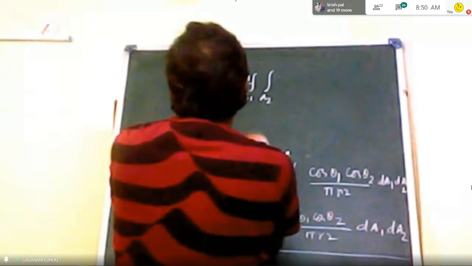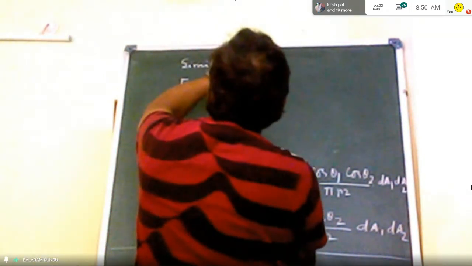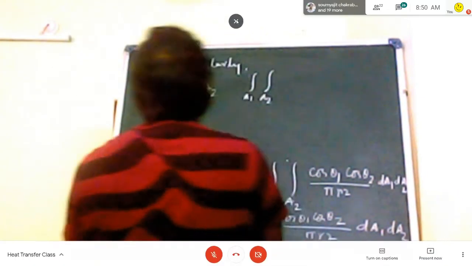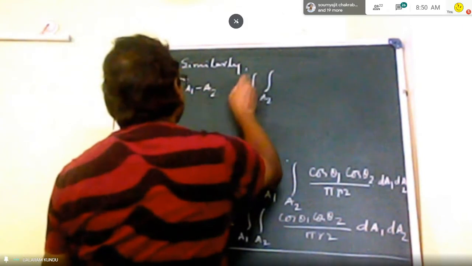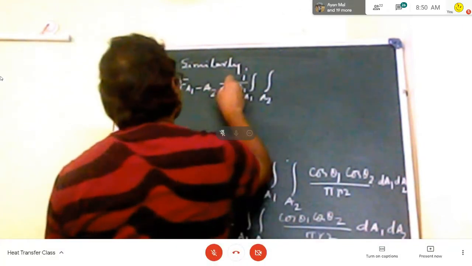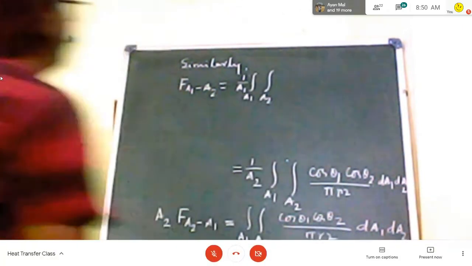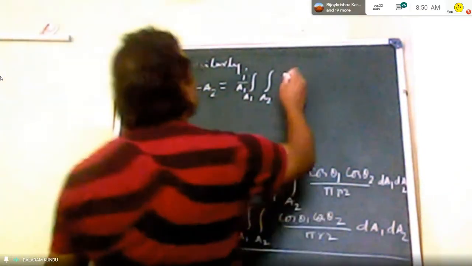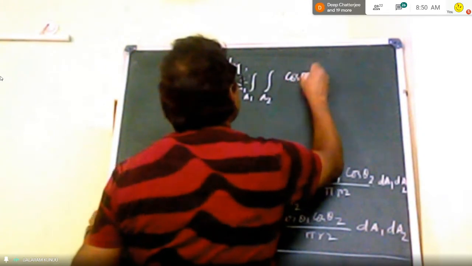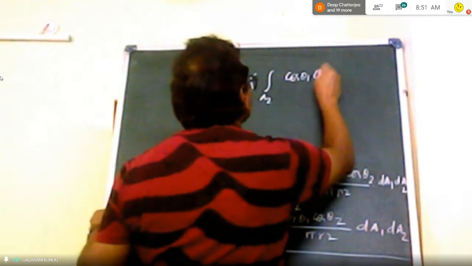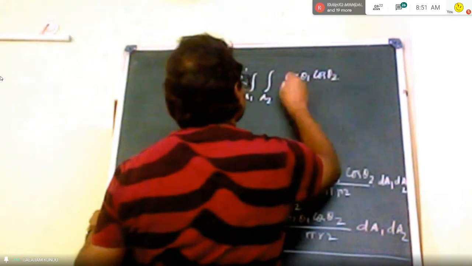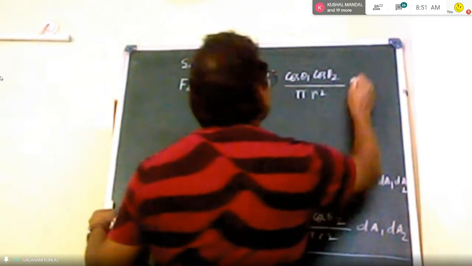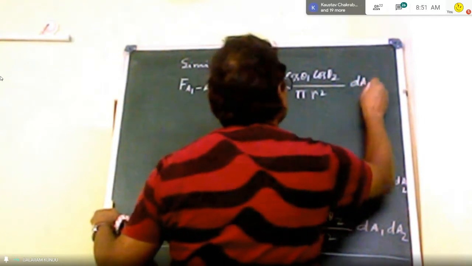So 1 by A1, integration along the surface A1, integration along the surface A2, into cos theta 1, cos theta 2 divided by pi r square dA1 dA2.